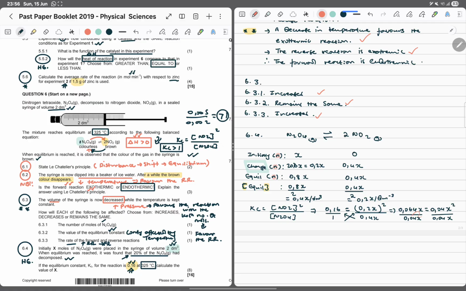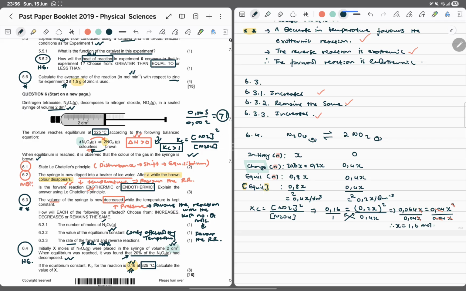Honestly speaking, if you know the gymnastics, you will just be fine, because I know this one goes, I know this one takes the square, I know this one takes that one, and therefore I have my x value here. So my x value is just going to be 0,064 divided by 0,04. Very simple. So this is 1,6.